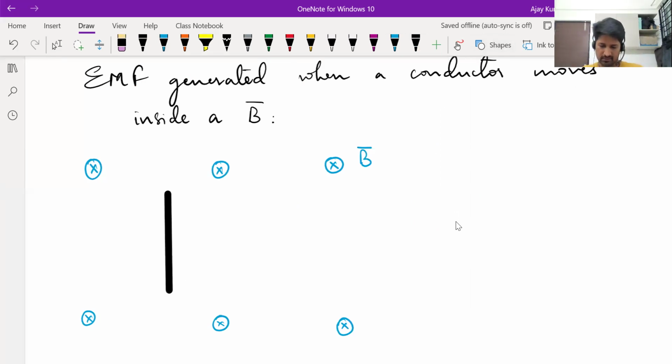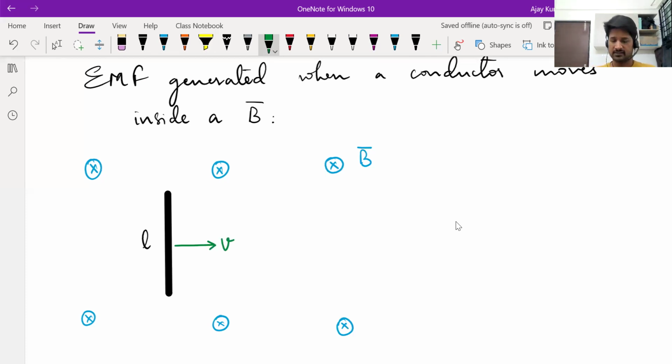along the y-axis. Assume its length is L. Again, we have taken the conductor in the y direction, so you'll understand the direction also matters. And assume this conductor is moving in the x direction with a speed v.